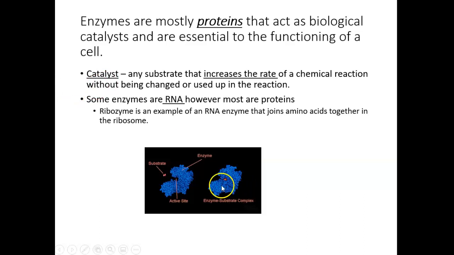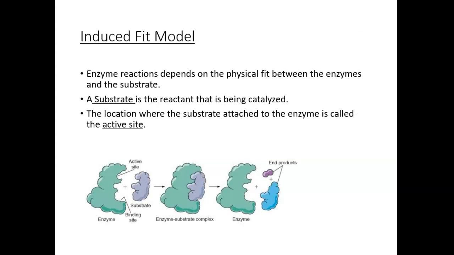Here you can see the structure of the enzyme down here in the blue, and this little object here, we call that the substrate. The substrate is what the enzyme is acting on, and it's going to nicely fit into that active site. When it does, it's going to allow that chemical reaction to occur and the substrate to change.